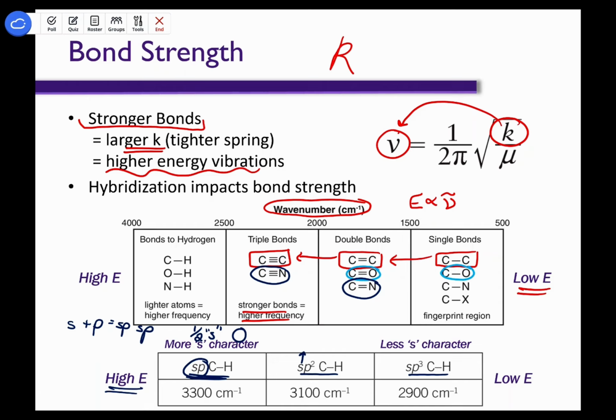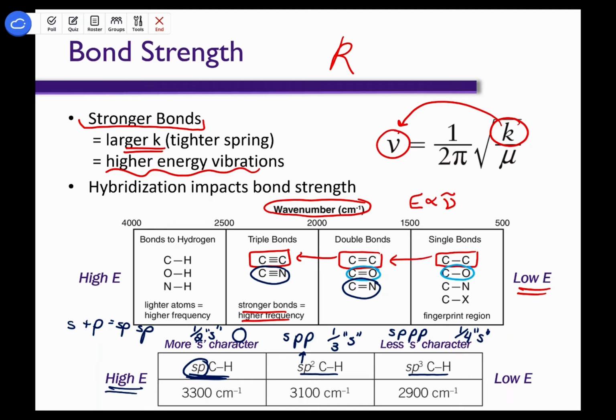Where did we get the sp2 orbital from? Well, we put in an s, a p, and a p, and we got sp2 hybridized orbitals. So you could argue the character of an sp2 orbital is 1/3 s character, holding that electron density in a sphere closer to itself. And then sp3, we put in an s and three p's, so we could call this 1/4 s character.